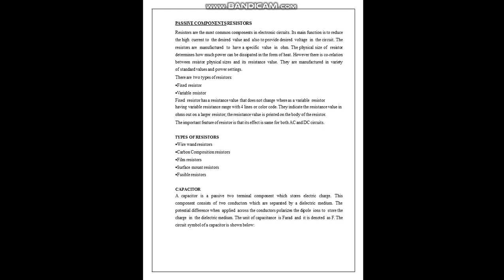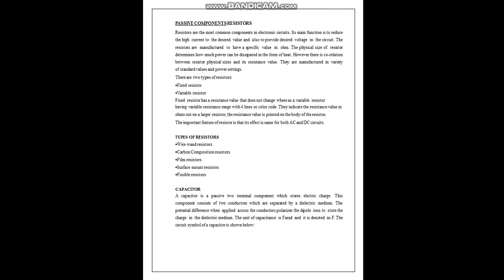There are two types of resistor, fixed and variable. Fixed means we cannot change its resistance value, but in a variable resistor we can change it, within a range given by a 4-line color code. Types of resistor: wire wound resistors, carbon composition resistor, film resistor, surface mount resistors, fusible resistors.